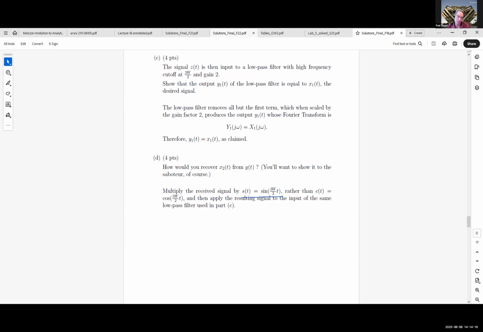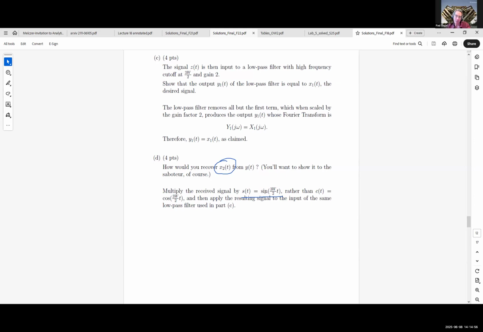You apply that to the signal y of t and use the exact same filter as before. You're going to pull out a copy of x2 of j omega in the frequency domain, which means that the signal in the time domain is x2 of t. Does that make sense? Yeah. Okay. And then we apply the low pass to get it.